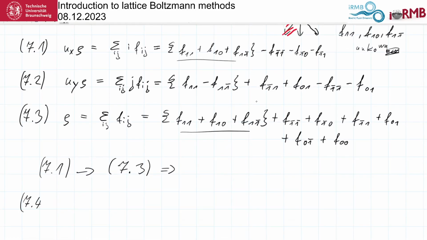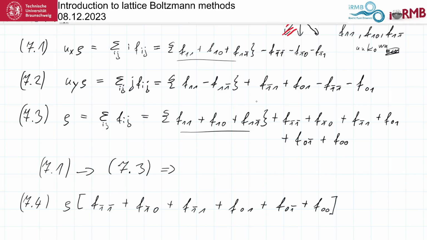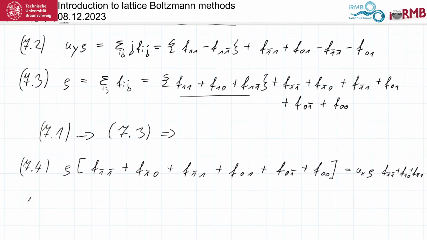This gives us 7.4: rho f_{-1,-1} + f_{-1,0} + f_{-1,1} + f_{0,-1} + f_{0,0} is equal to u_x rho f_{-1,-1} + f_{-1,0} + f_{-1,1}.